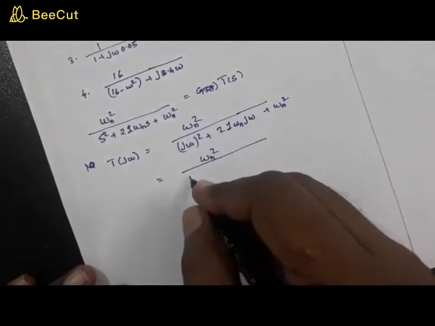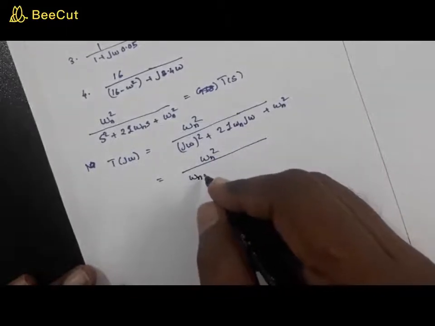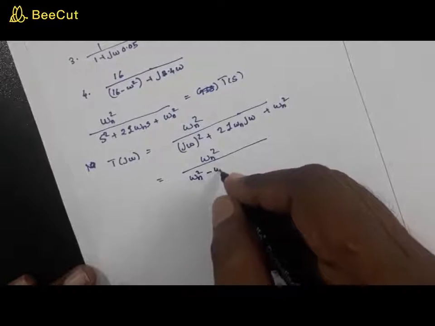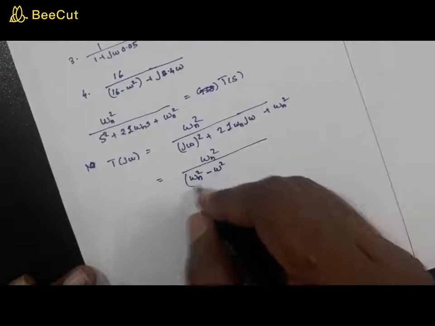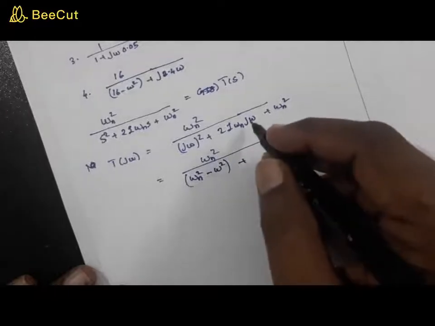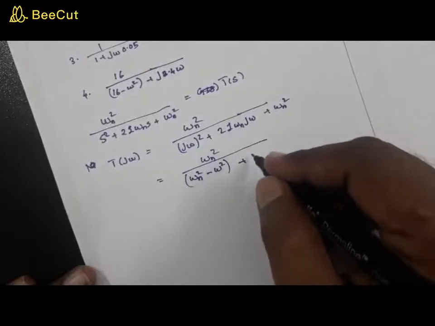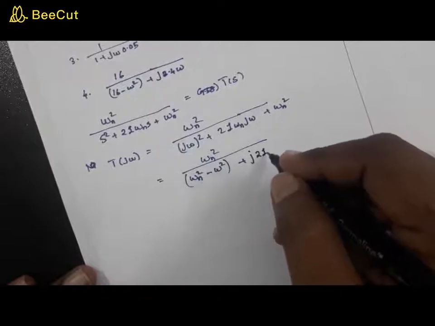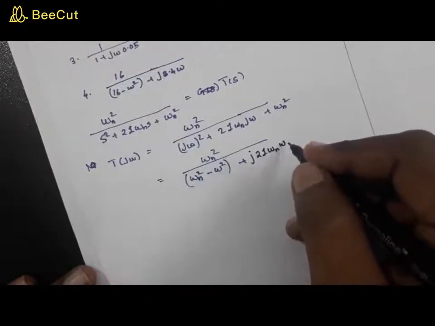So this will be omega n square divided by omega n square minus omega square, plus j times 2 zeta omega n omega.